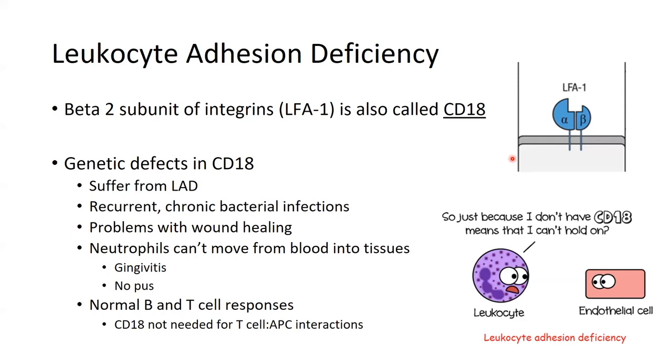The reason for that is that the neutrophils cannot move from the blood to the tissue, and therefore they cannot be in the tissues to fight these bacterial infections. These patients still have normal B and T cell responses because T cell antigen-presenting cell interactions can still occur in the absence of the neutrophils moving to the tissue.